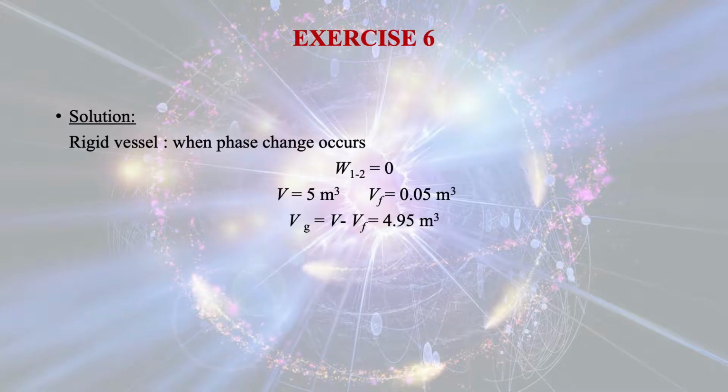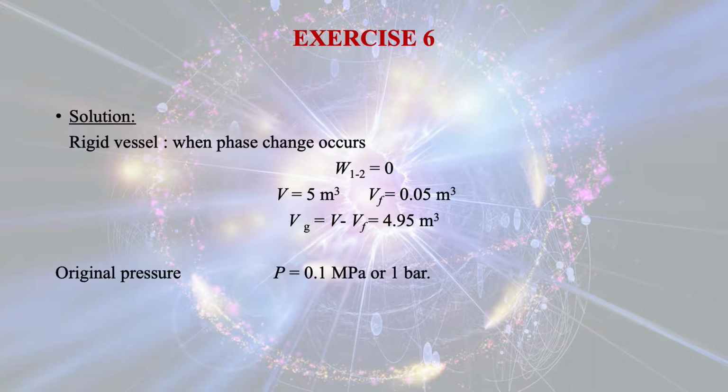Let us see how we can solve the problem, that is to calculate the heat transfer and work done during the process. When the phase change occurs, there is no work done, so W12 is equal to 0. Now the total volume is 5 meter cube, so Vf, the volume occupied by the water, is 0.05 meter cube, and Vg, the volume occupied by the saturated vapor, is V minus Vf, that is 4.95 meter cube.